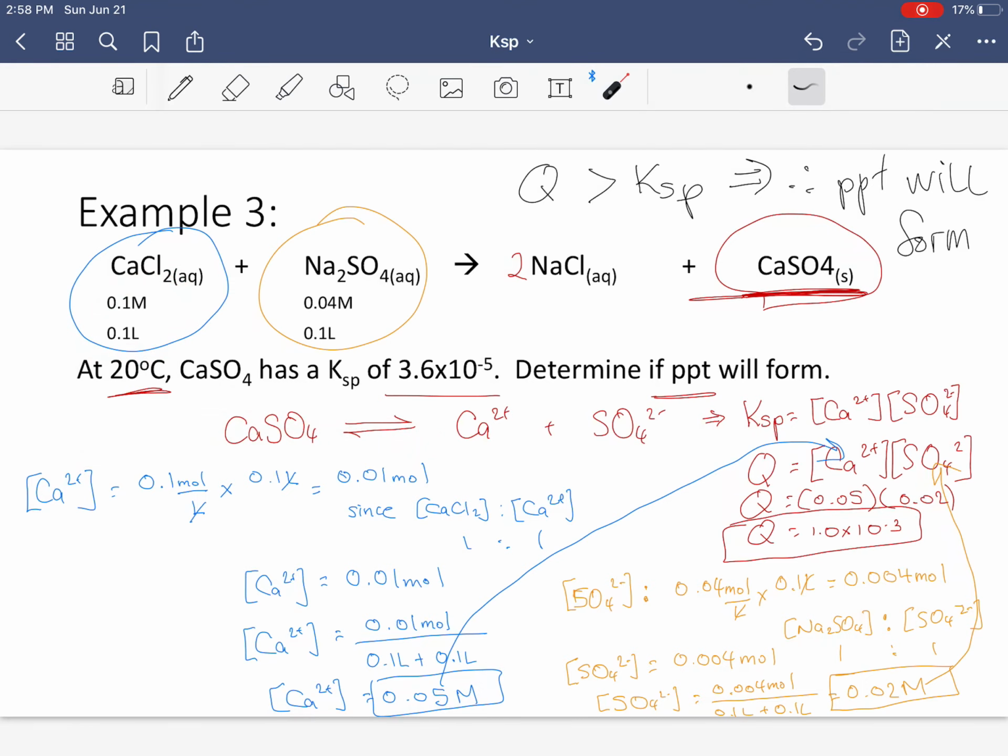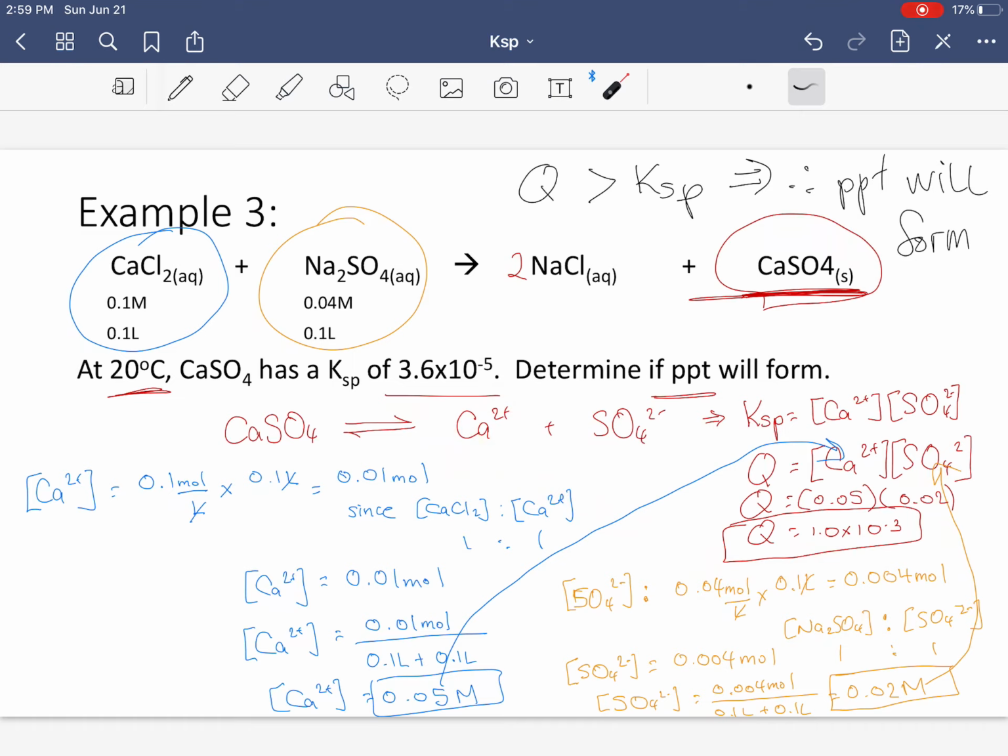Okay, in this case it would be sulfate. Find out how many moles of sulfate there are and divide by the total volume. Multiply the two numbers in the equilibrium expression. Make sure they're right. Okay, and whatever Q value you got, compare with your Ksp.